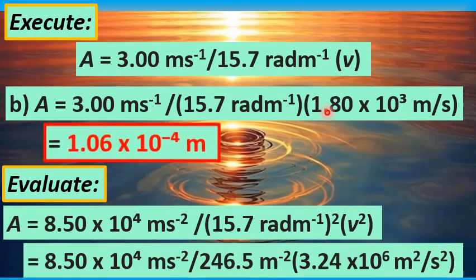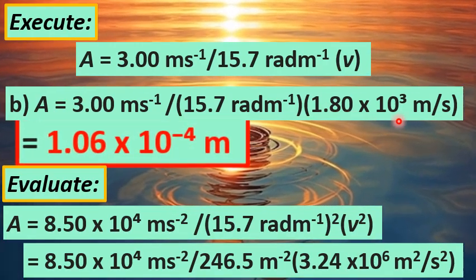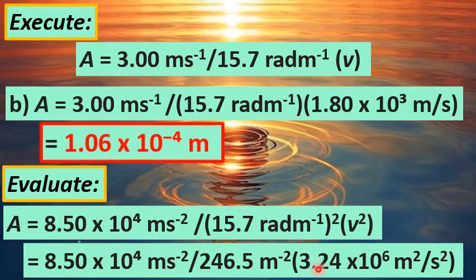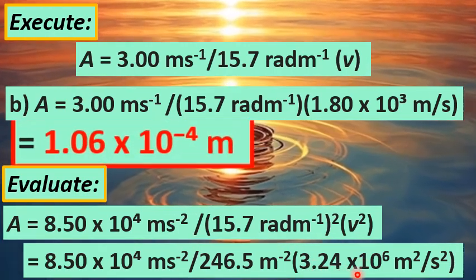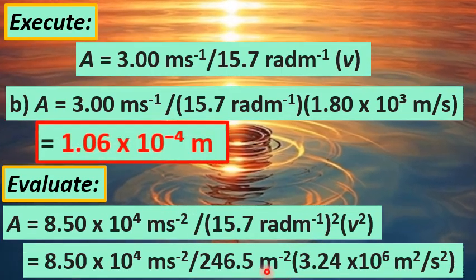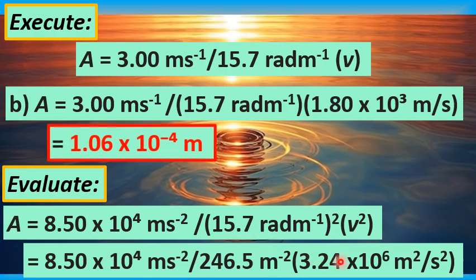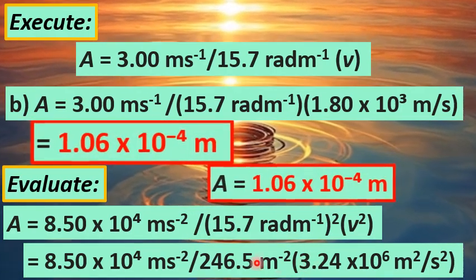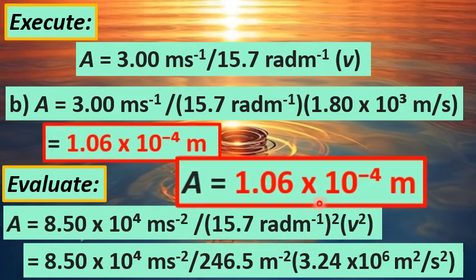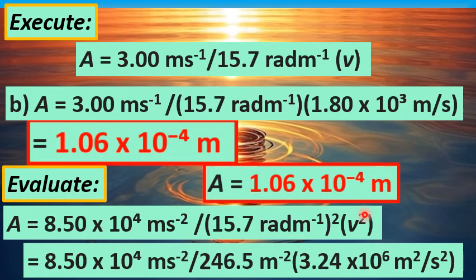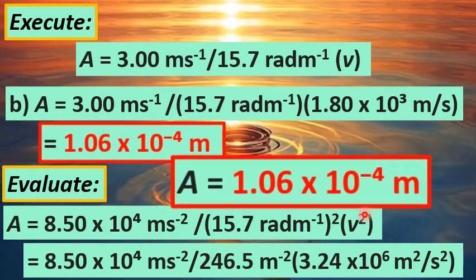The square of 1.80 times 10 to the third power meters per second is of course 3.24 times 10 to the sixth power meters squared per second squared. So simplifying this, we get the same value for the amplitude, equal to 1.06 times 10 to the negative 4 meters.